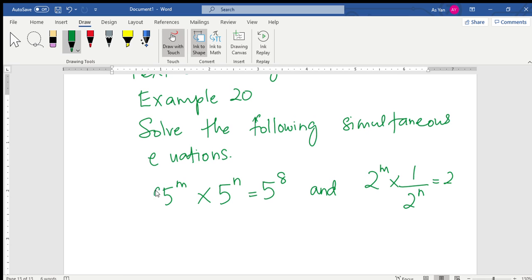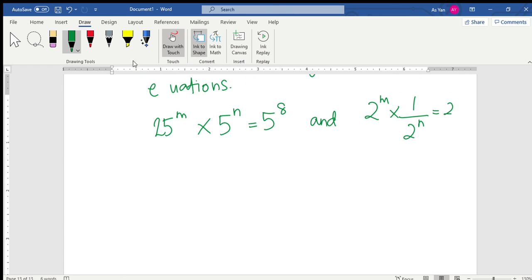Okay, it should be 25. So what we have to do is solve the simultaneous equations.